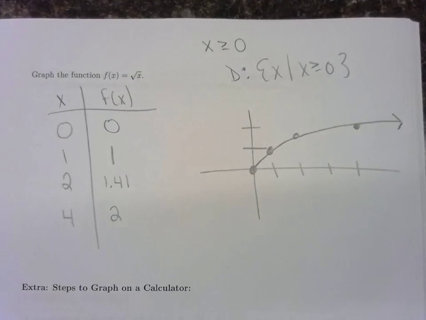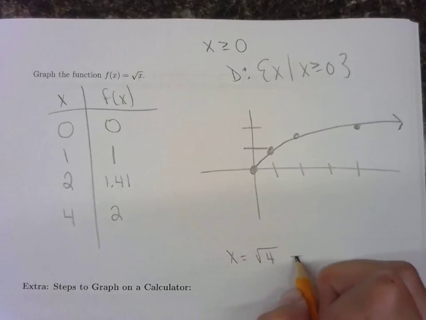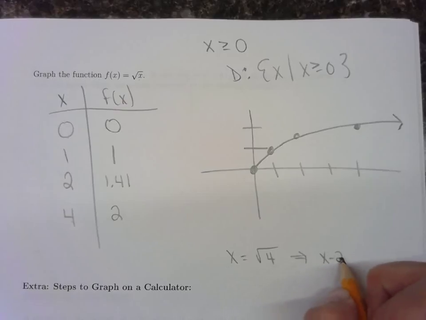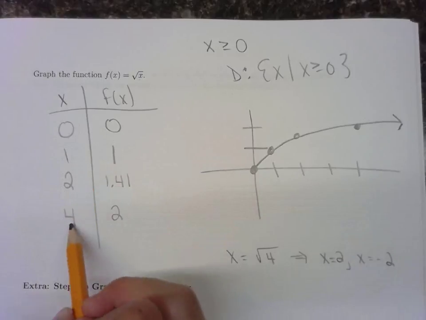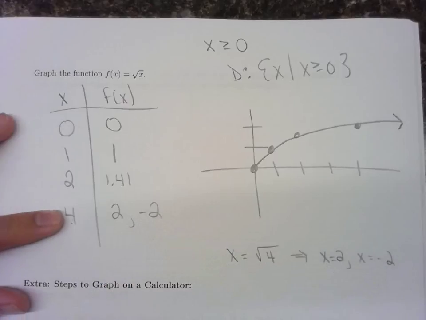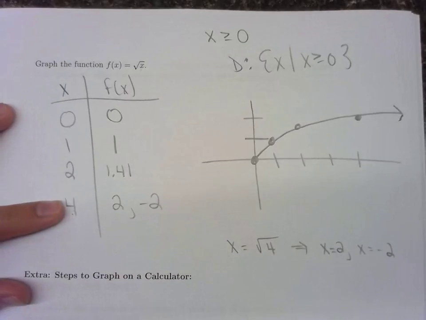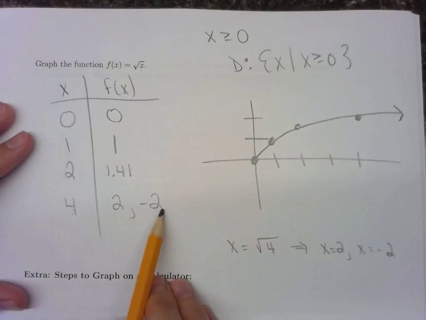Now, you've probably learned that when you're solving equations for x, and you have something like x equals square root of 4, that gives you 2 solutions. x equals 2, x equals -2, which is correct. Here we didn't put that, so we have the square root of 4. We didn't put -2 here. If we did, then it wouldn't be a function, because that means 4 goes to 2, 4 goes to -2.